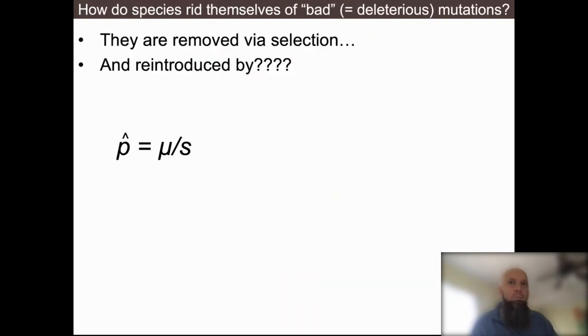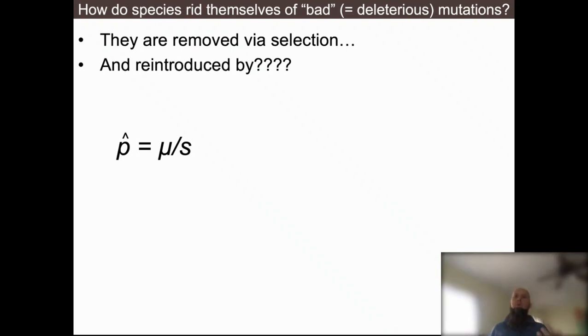Okay, so how do bad mutations disappear from a population? Well, at this point, you should realize that the way that bad mutations, deleterious mutations, are removed from a population is through selection, right? Through low survival, low reproductive success.